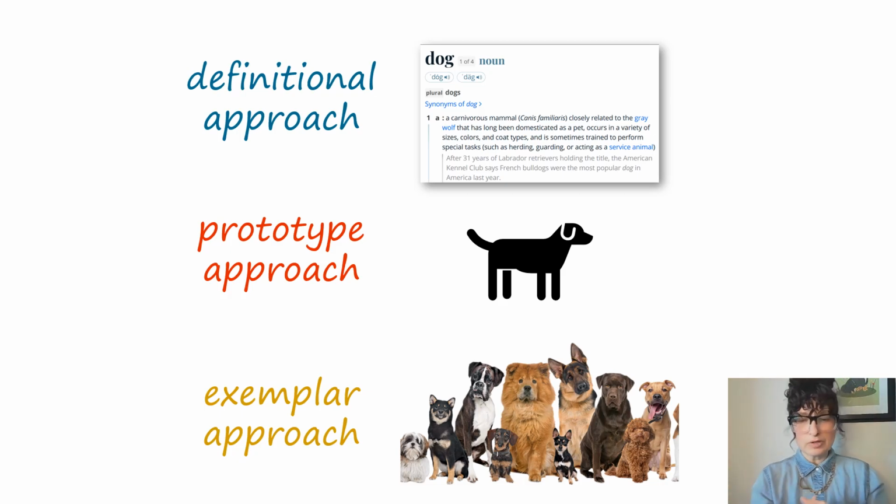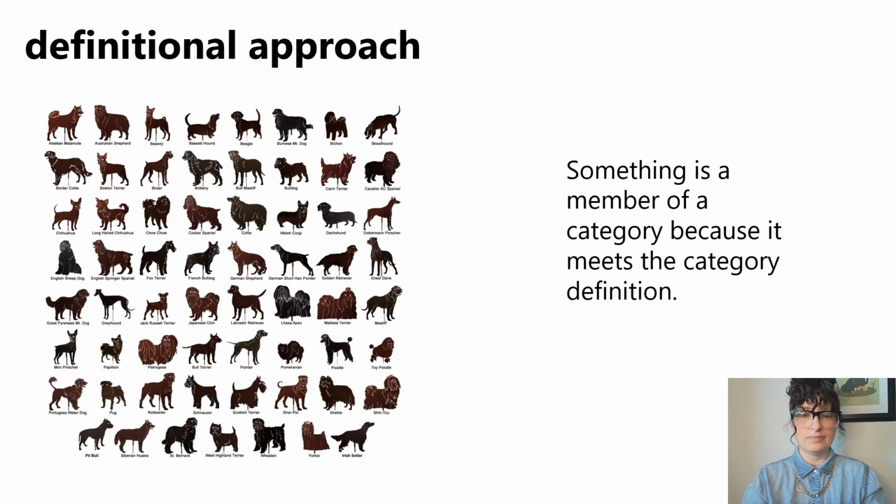So for the exemplar approach, you would represent the category of dog with literally different examples of dogs, like a German Shepherd, a Boxer, Chihuahua, Labradoodle, Havanese, I think. So you've got the category based on specific, actual, real examples of category members.